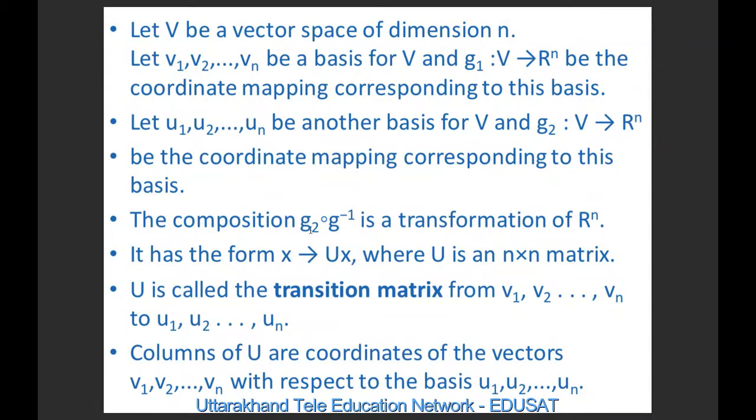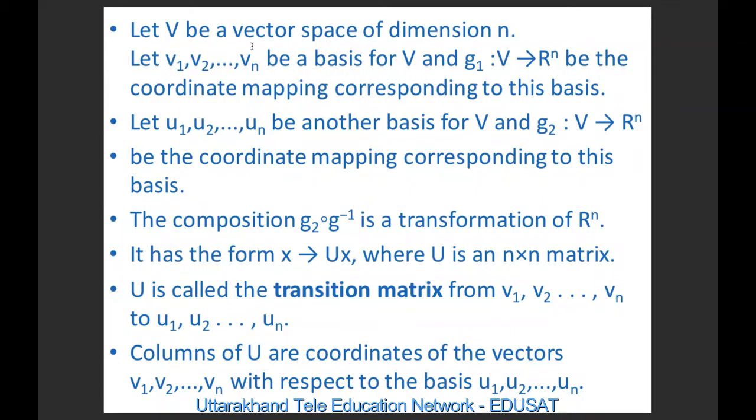Then the composition g2 of g1 inverse is a transformation of Rn, and it has the form x to Ux, where U is an n by n matrix, and this U is called the transition matrix from v1, v2, ..., vn to u1, u2, ..., un.